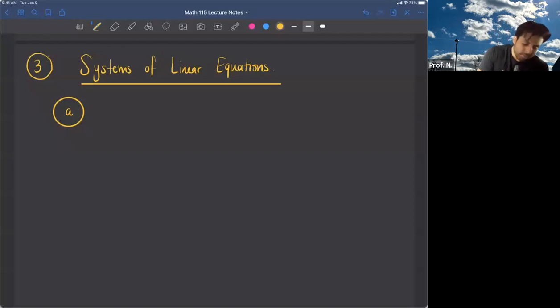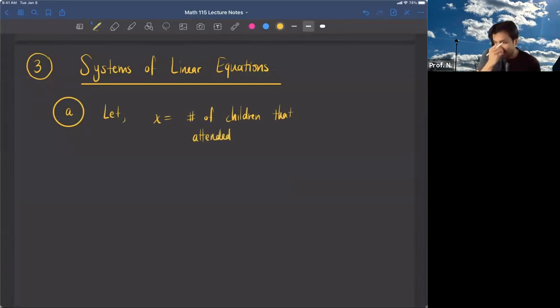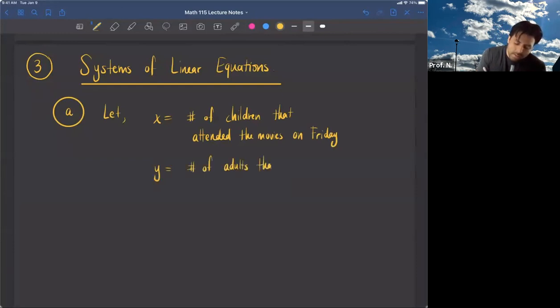So I create these let statements and say, let X be the number of children that attended the movies on Friday, and let Y be the number of adults that attended the movies on Friday.